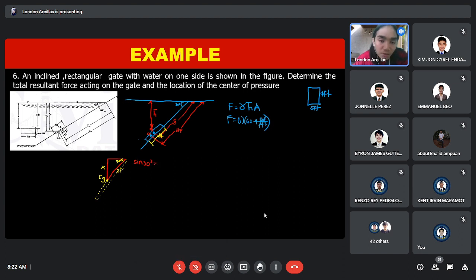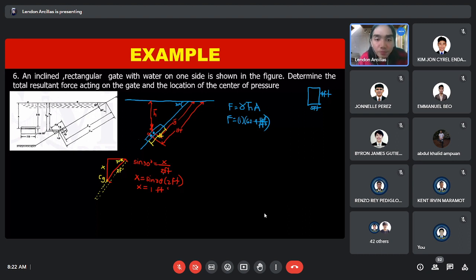So, x over 2 feet. Again, ang CG, ito yon. Kinuha ko lang yung half ng rectangular gate. To find the value of x, kukunin pa kasi natin to. Okay, next is, x is therefore sine 30 times 2. Therefore, x is 1 feet.